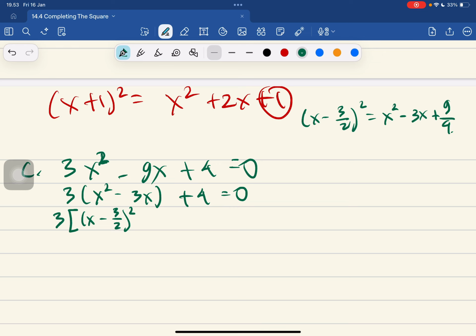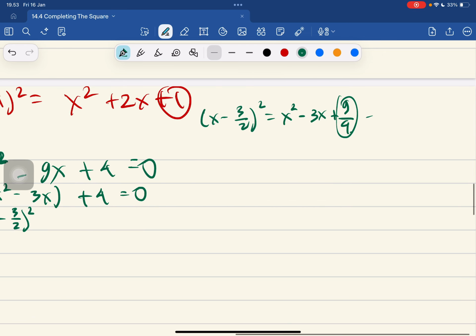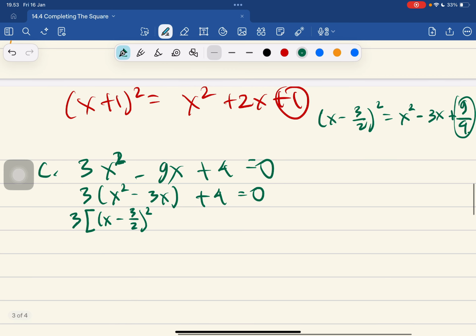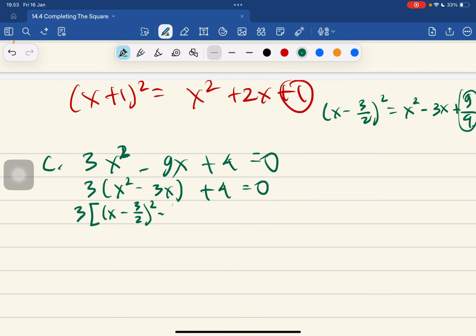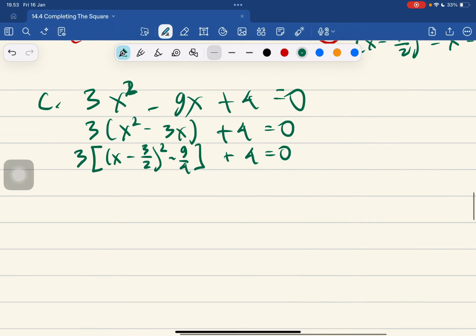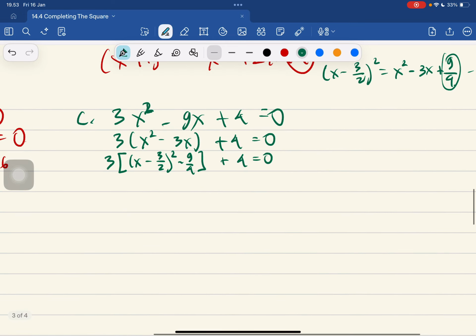We don't want this number, so that's why we have to subtract 9 over 4. So here we will subtract 9 over 4, plus 4 equal to 0. Okay, we'll continue.